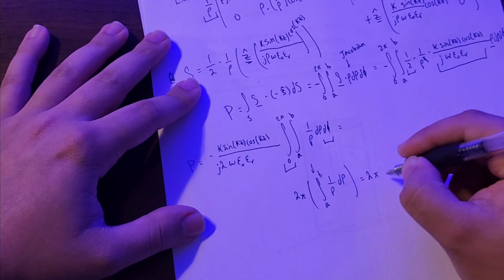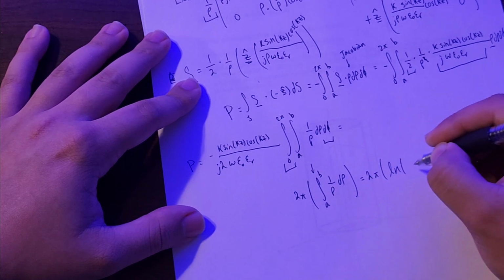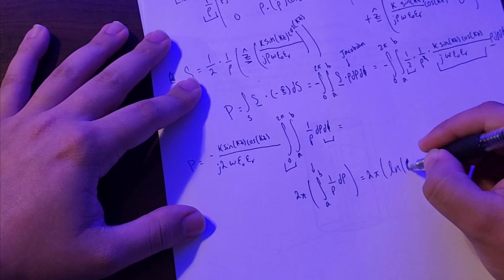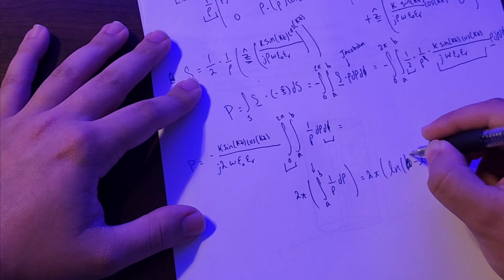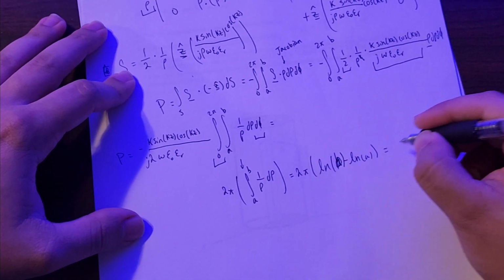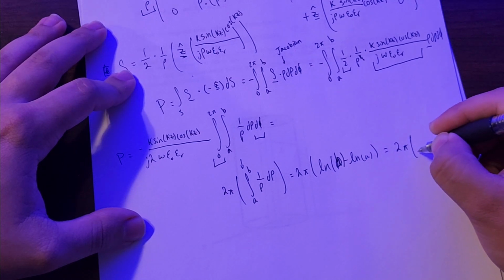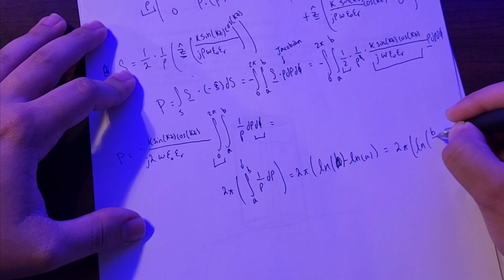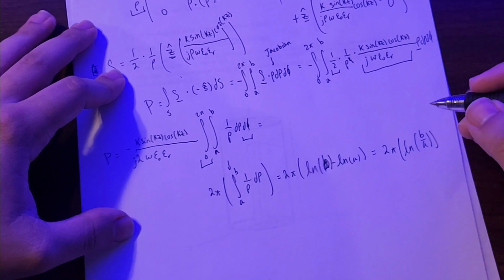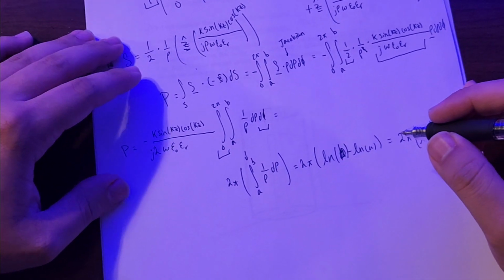So we have 2 pi natural log of b minus natural log of a. We can rewrite this to be equal to 2 pi natural log of b over a. This is using log rules.